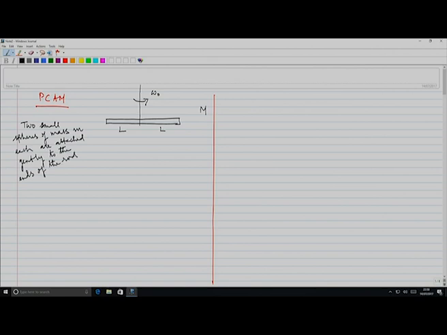What is the final angular frequency of the system? To find the omega of the system.